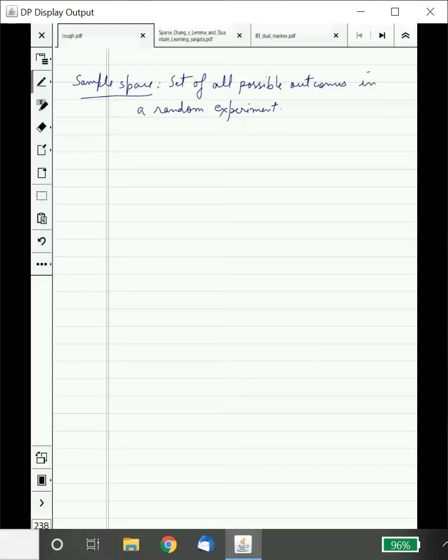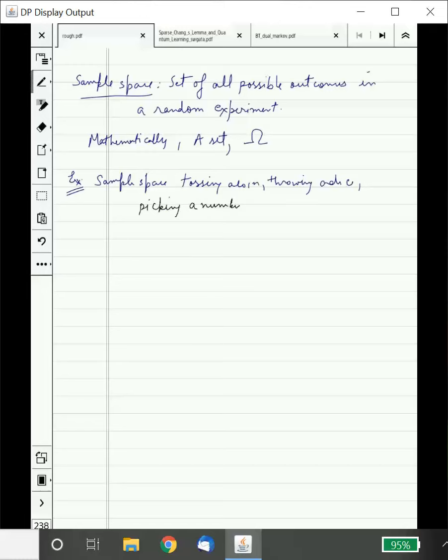Mathematically, sample space is a set and is denoted by the symbol omega, big omega. To start with, you can think about the sample space for tossing a coin, throwing a dice, or our favorite experiment of picking a number between 0 and 1. So in all these cases, what is the sample space? Pause the video and make sure that you can figure out the sample space here.